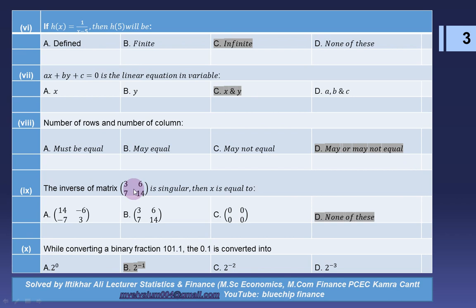The inverse of matrix 3, 6, 7, 14 is singular, then x is equal to none of these, because 14 multiplied by 3 minus 6 multiplied by 3 is a singular matrix. So in case of singular matrix, we cannot find x.